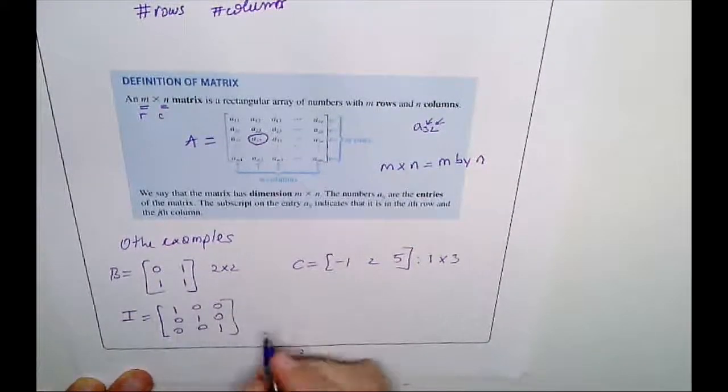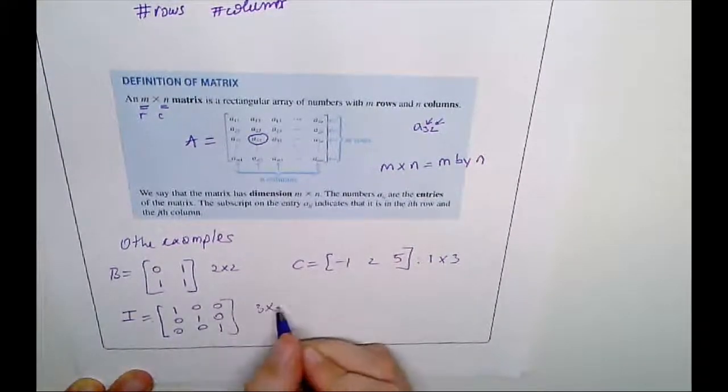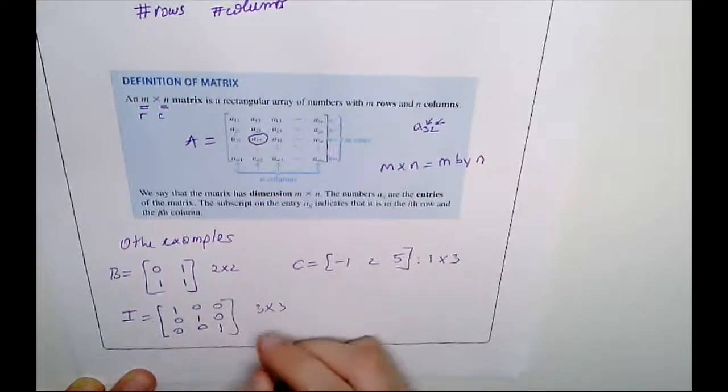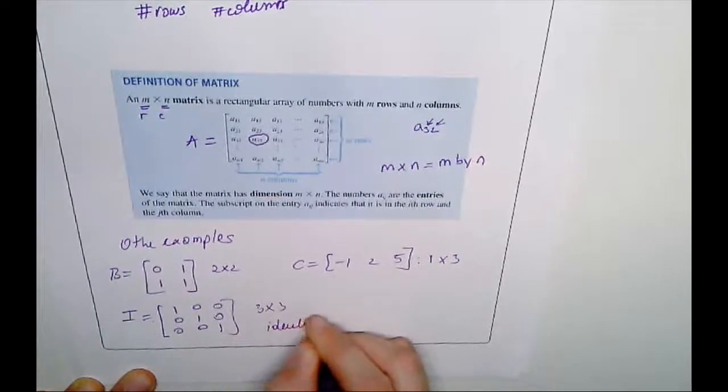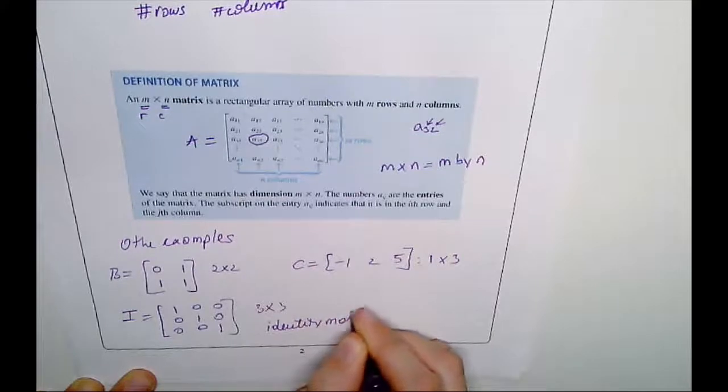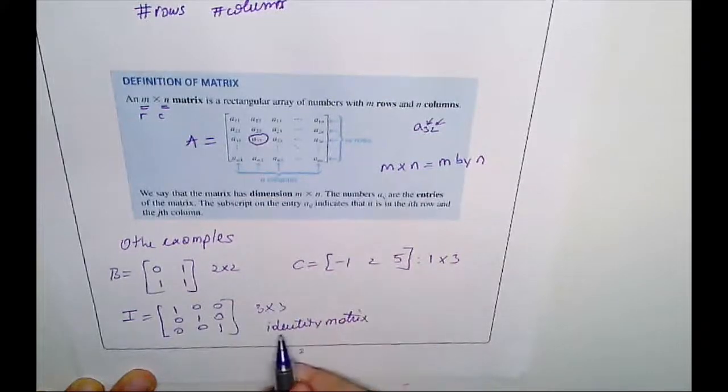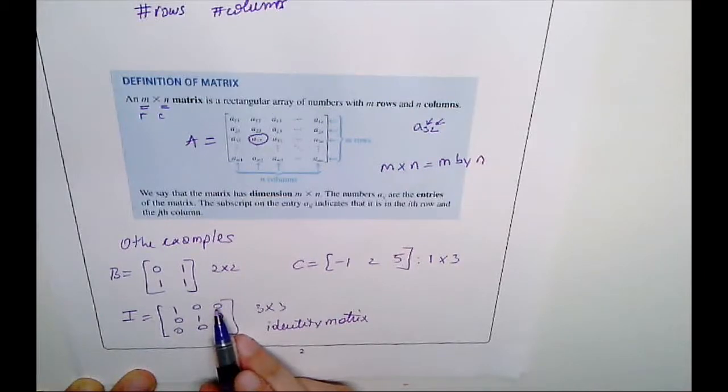Well, I have 3 rows, so it's 3 by 3. This is called an identity matrix because if I multiply any matrix by this, we'll see later when we talk about multiplication, I get the same matrix. So this does not change. This is like multiplying real numbers by 1.